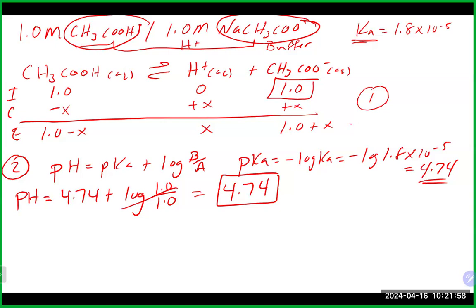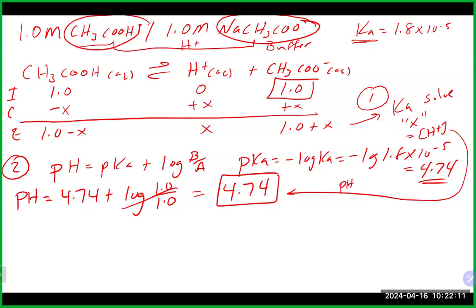Obviously, if you went the other route, you would go into the Ka, solve for X, which would equal the H plus concentration, and then go into the pH, and that will give you the same number. Any questions on that part?